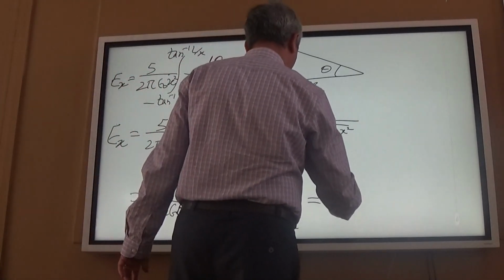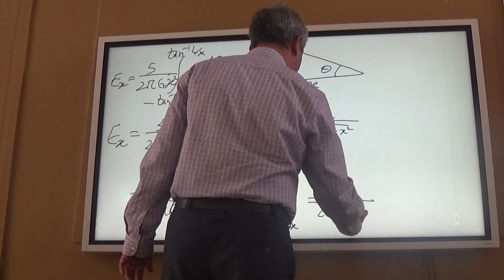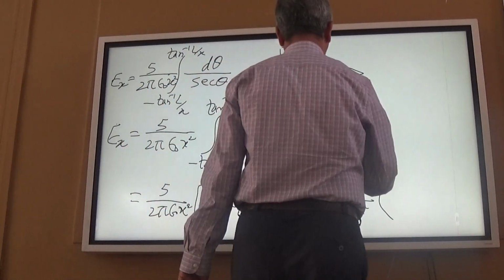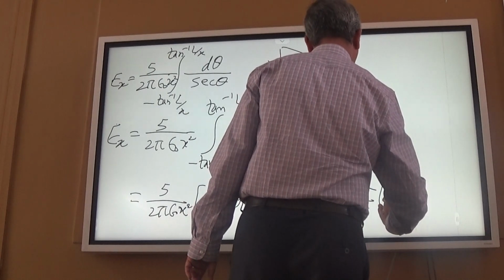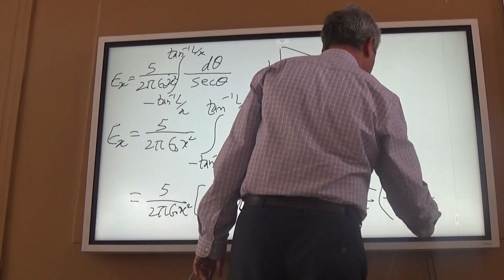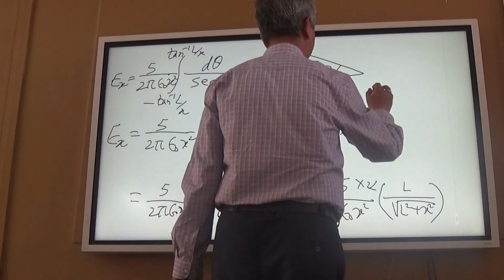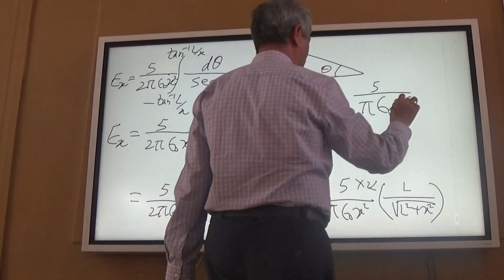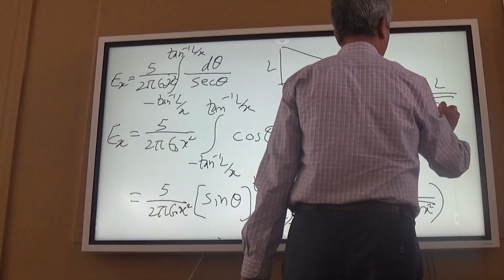So it is 5 upon 2 pi epsilon naught x square into 2 into bracket, it is L upon under root L square plus x square. The 2 gets cancelled. So 5 upon pi epsilon naught x square into bracket L upon under root L square plus x square.